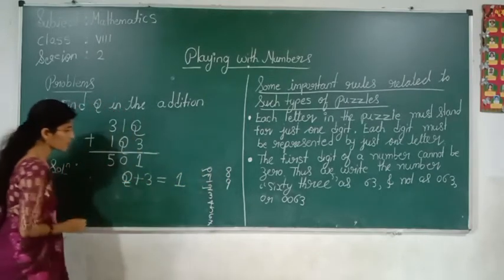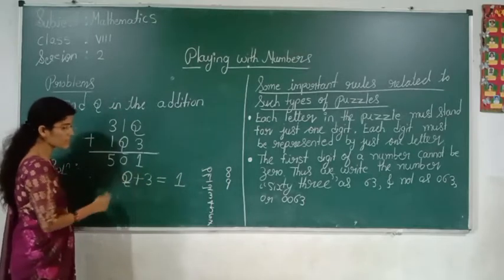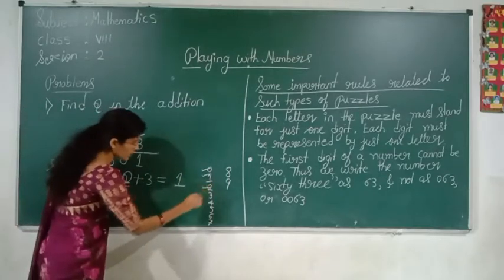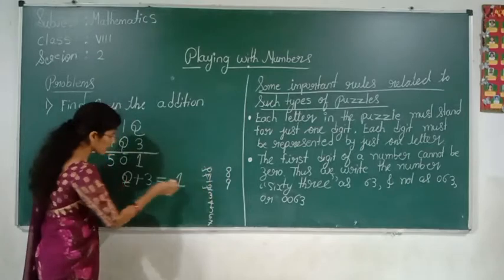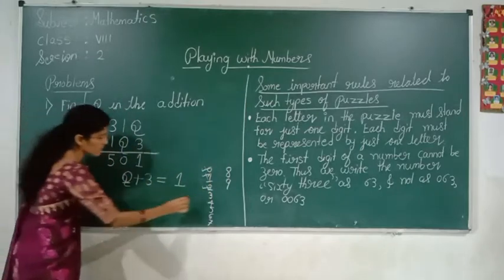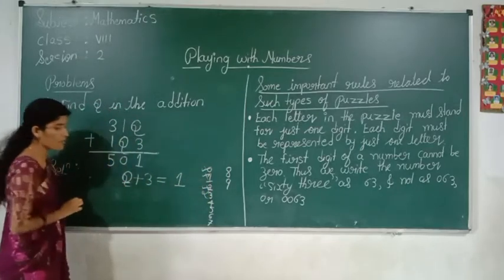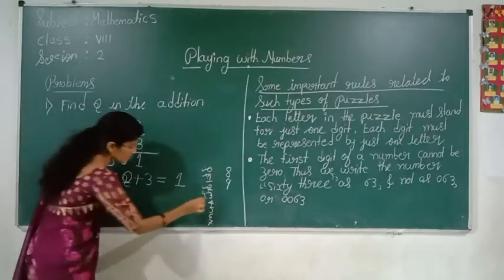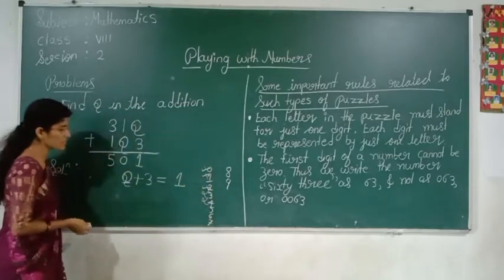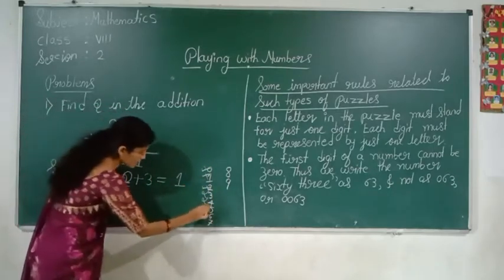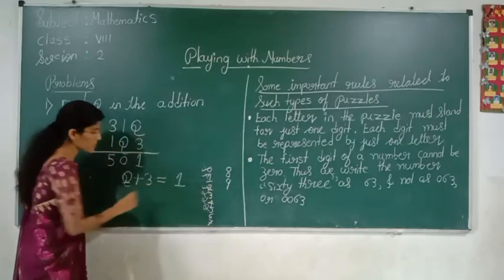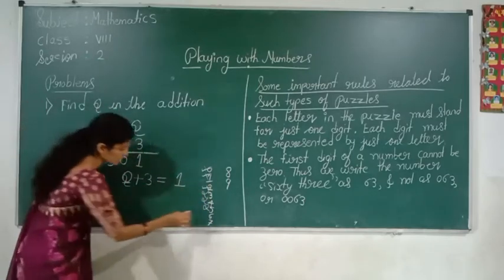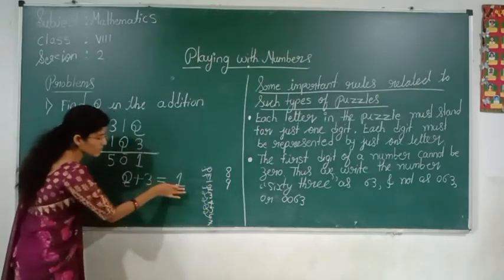Go for 2: 2 plus 3 is 5, also not working. 3 plus 3 is 6, not working. 4 plus 3 is 7, not working. 5 plus 3 is 8, no. 6 plus 3 is 9, but we want 1 in the units place.